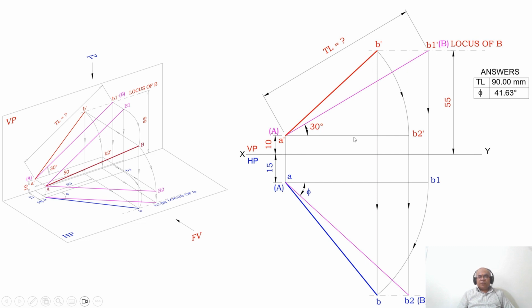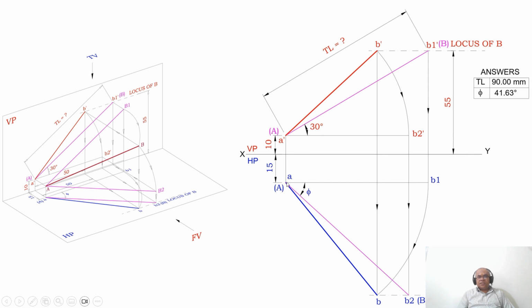So how do I know that my problem is right? Both B dash and B will lie on the same line. This is point number one. You know that this is the front view because its corresponding top view AB is inclined. And you know that A dash B1 dash is the true length in the front view, because its corresponding top view AB1 is parallel to XY.